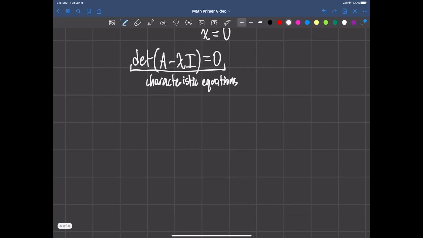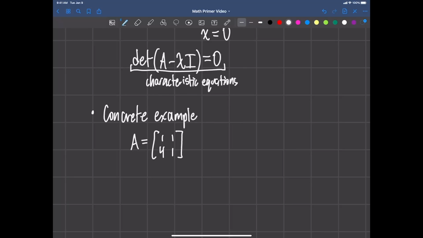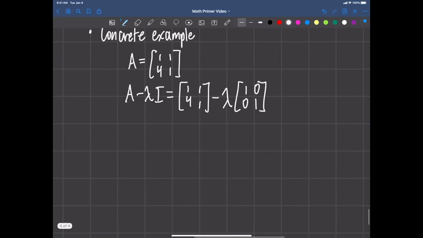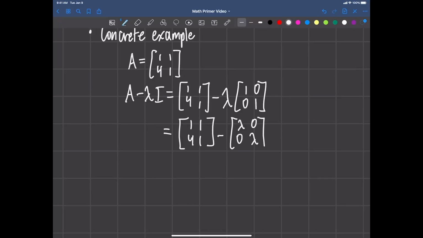Here's a concrete example. If A is equal to the matrix 1, 4, 1, 1, then A minus lambda I would be equal to 1, 4, 1, 1 minus lambda times the identity matrix of the same size as A, which is equal to 1, 4, 1, 1 minus lambda, 0, 0, since we multiplied the lambda with the identity matrix.